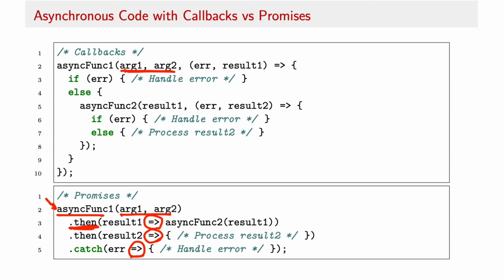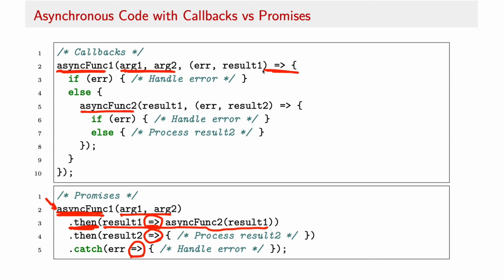So the then clause takes a function, it's a fat arrow function, and it's basically the callback, right? It's our code that we want to run when the first asynchronous function completes. That's exactly what's going on up here in the callback version. Async func1 is going to run first, and when it completes, it's going to call this next piece of code.